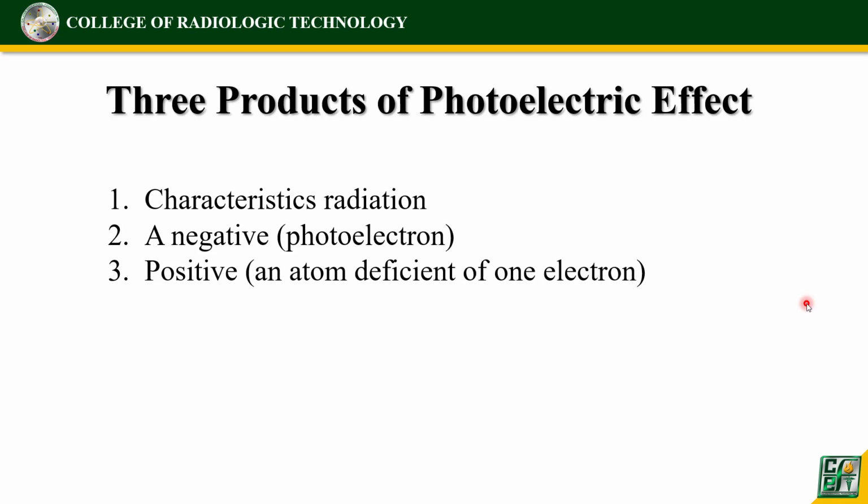Kasi may ejection ng electron. So, paano po siya nagiging positively charged? Dahil merong lacking or nagkulang siya ng isang electron. Kaya siya ay nagiging positive. From neutral state to positive state yung atom. Okay? So yan po lagi yung product ng photoelectric effect sa atom. Okay?